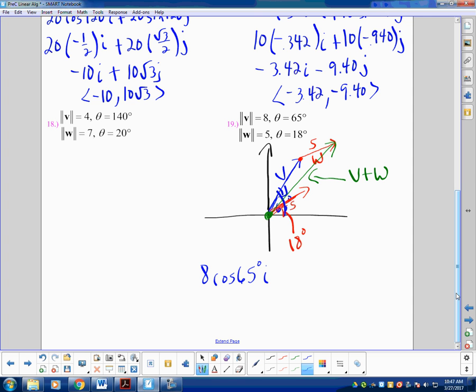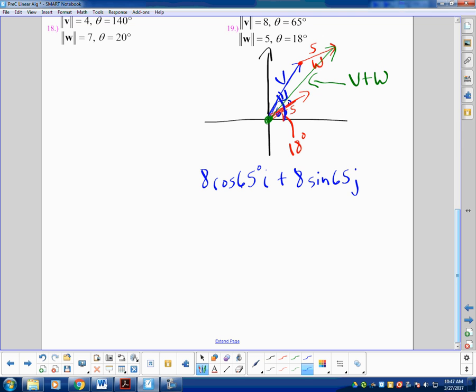Magnitude and direction. We could just do it in component form if you'd like. What's 8 times cosine of 65? You can type that in your calculator all in one swoop. Give me the decimal, to the nearest hundredth. 3.38, okay.